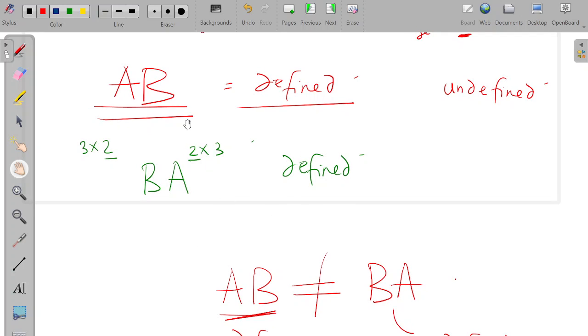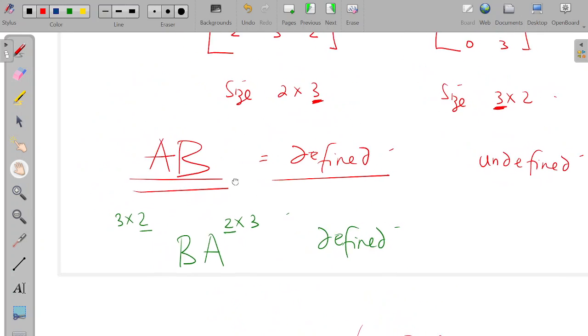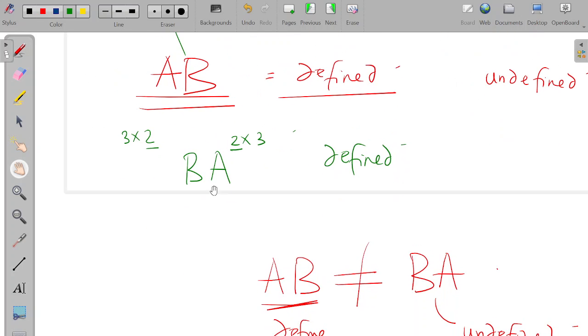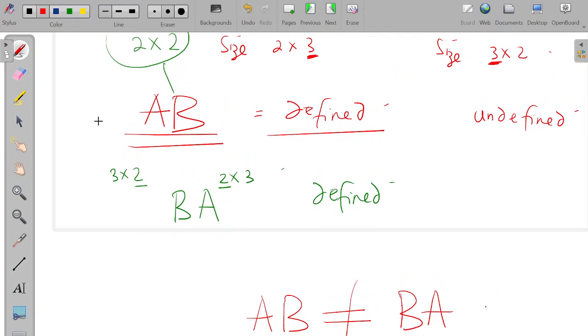Even if both of them are defined, the answer I will get for AB should be 2 by 2, but the answer I will get for BA will be 3 by 3. You see, so they are not the same.